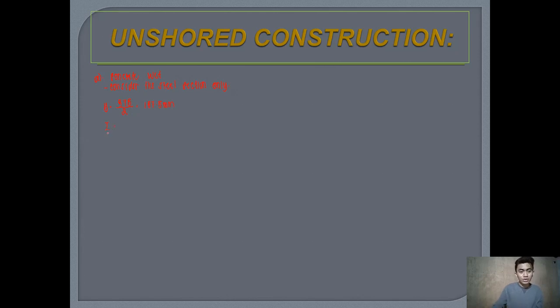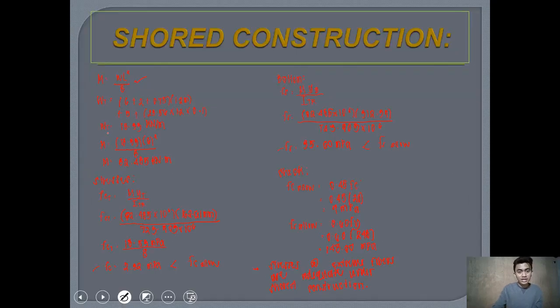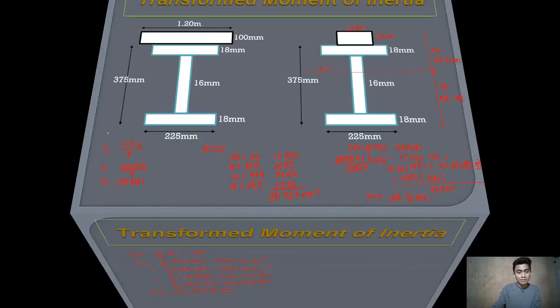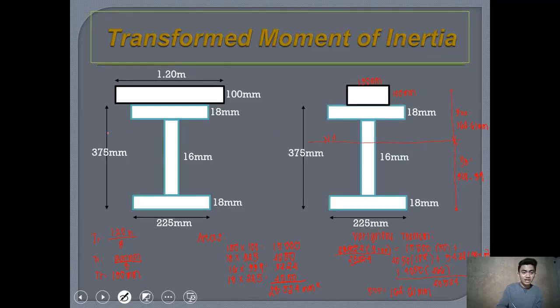Now take note, if we take a look at our diagram again, disregarding your concrete slab at the top, if I were to determine the moment of inertia for the steel section only, take note that its neutral axis is located at the center.